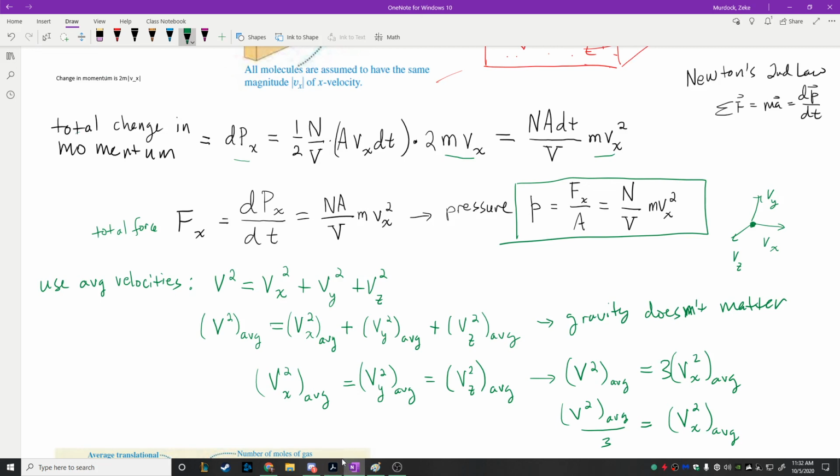And we can plug this one in there. There's no difference between x, y, and z, and we can use this relationship right here.